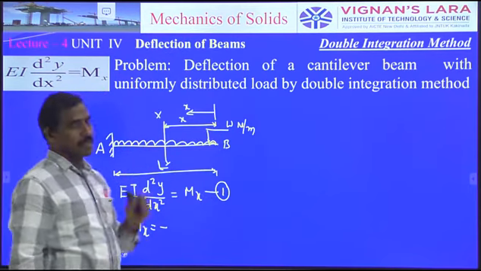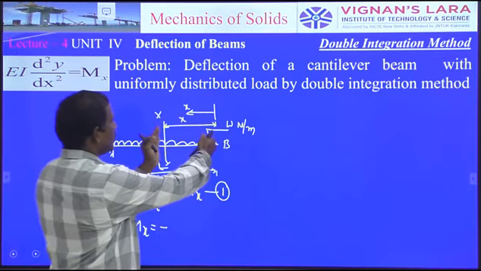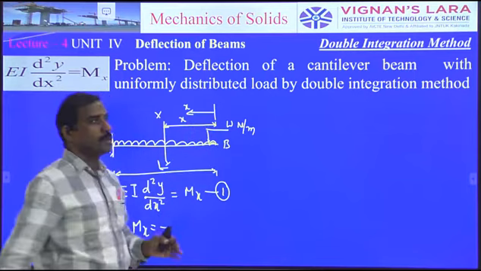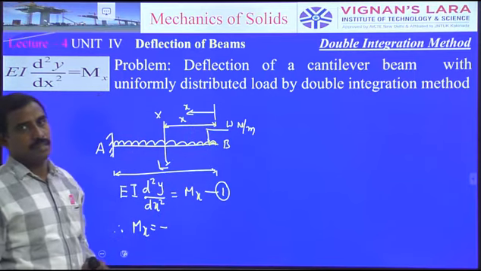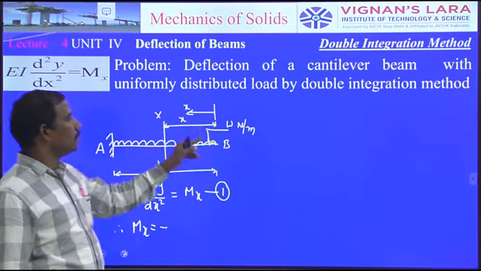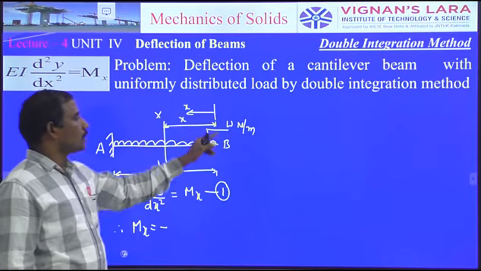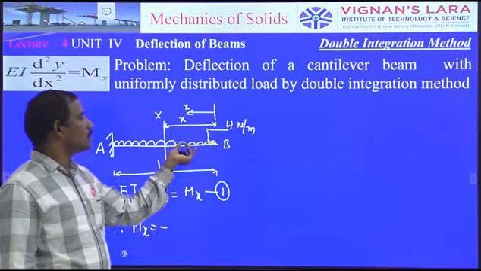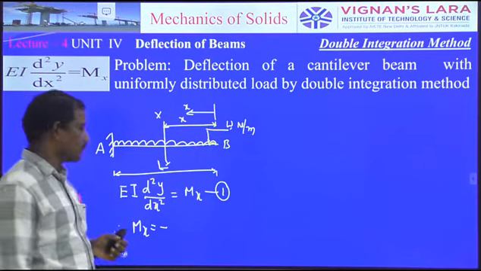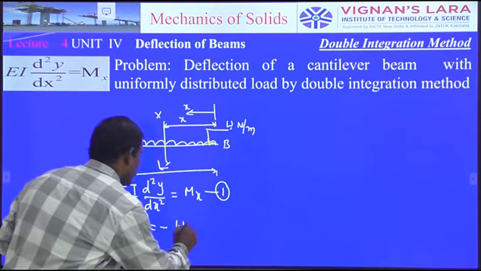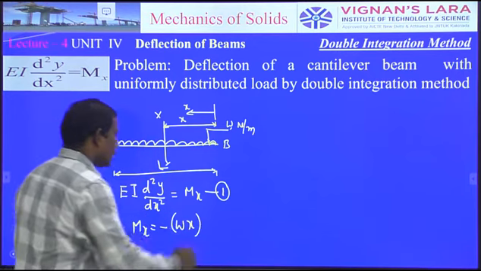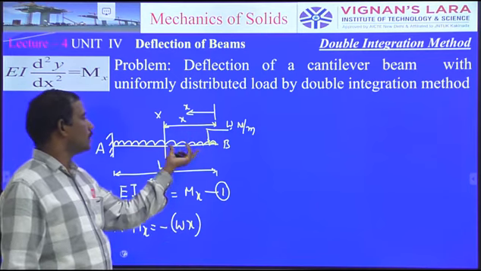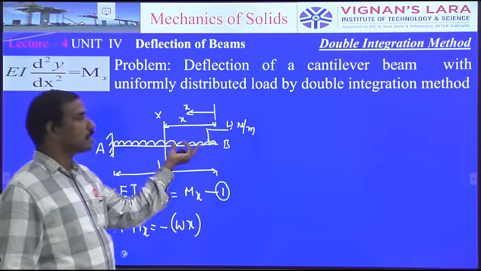That is w into x, concentrated at the midpoint of x. Otherwise, the total load is the product of the intensity of loading and the length over which it is distributed, that is w into x. This is the total load.